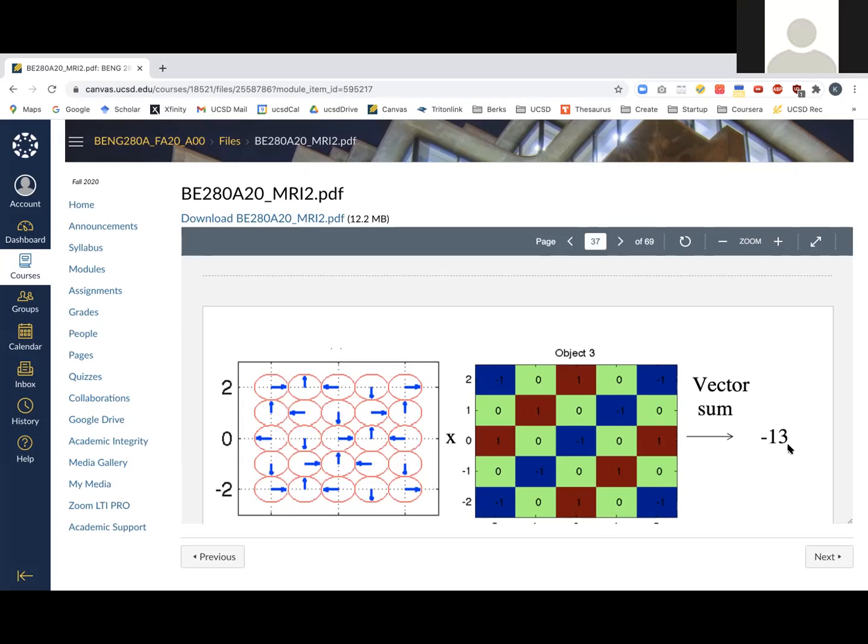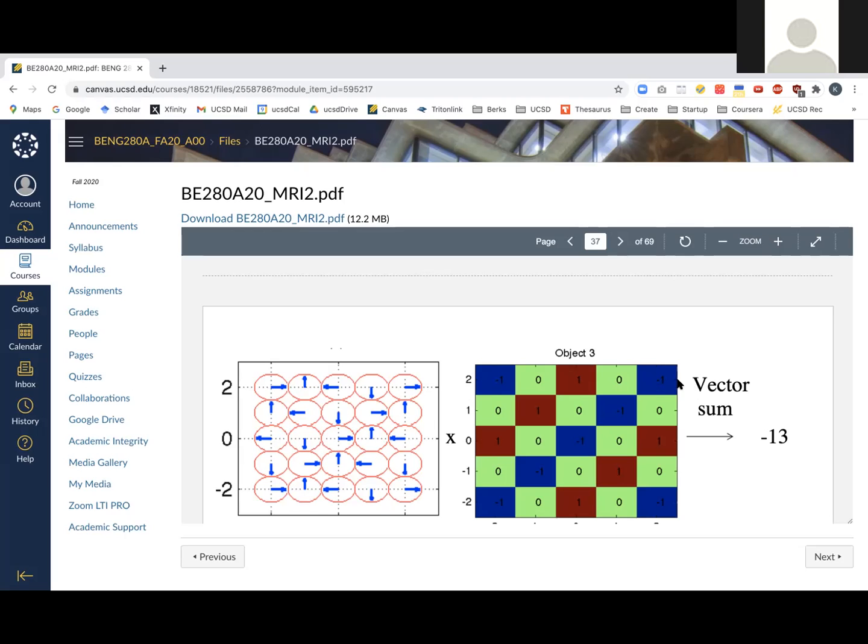Well, that's because in that case, the negative ones are being flipped. So all the things along the diagonals all add up, right? So there's 13 non-zero things there. Then if you add the +6 and the -7, it's like -1. Well, because you have the negative ones, but where you have negative ones, the arrows are pointing in opposite directions.